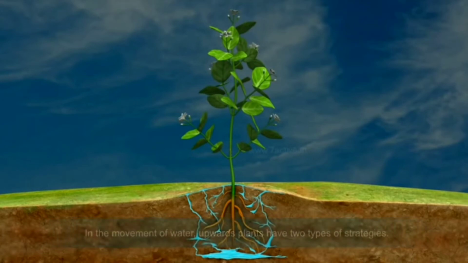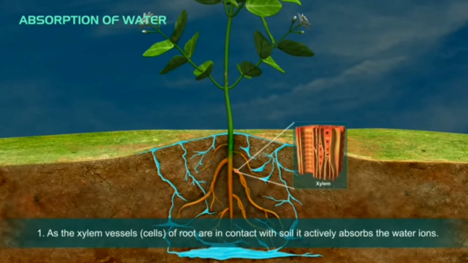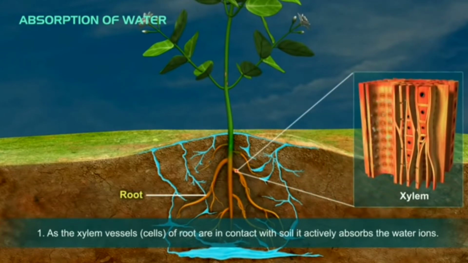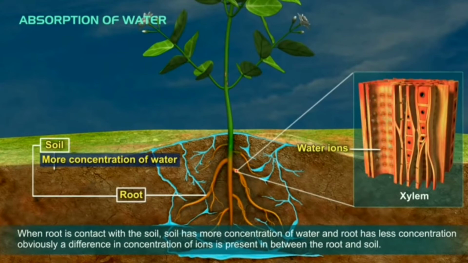Now we'll be seeing an animation to understand the path of travel of food, minerals and water in plants. As the xylem vessels of roots are in contact with soil, it actively absorbs the water ions. When root is in contact with soil, soil has more concentration of water and root has less concentration. Obviously, a difference in concentration of ions is present between the root and soil.